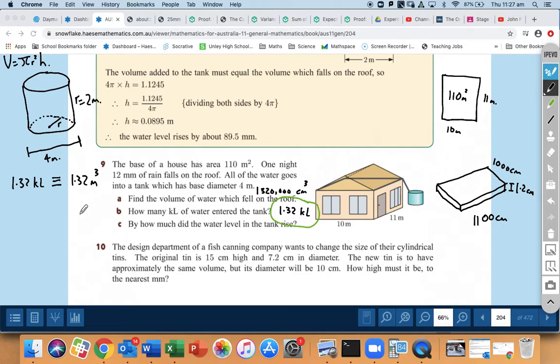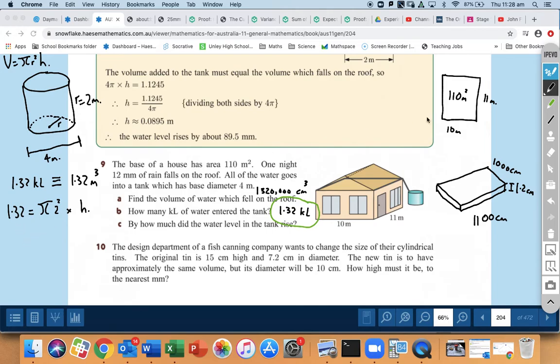So our volume was 1.32 metres cubed. I won't write that in, but it's important. We've got pi times 2 squared, and this would all be times by some unknown height. That's what we're trying to find out, this height.